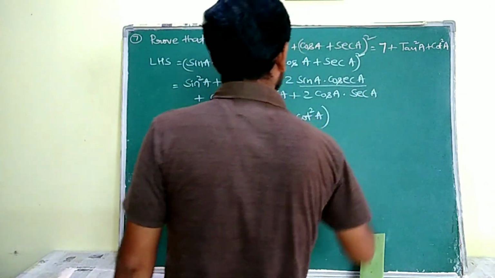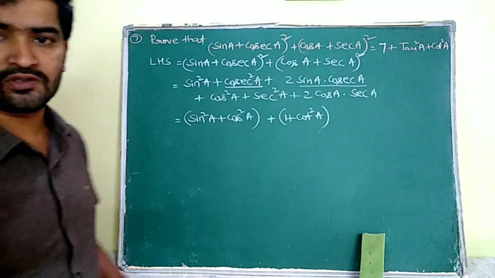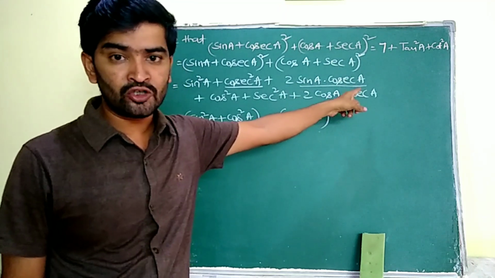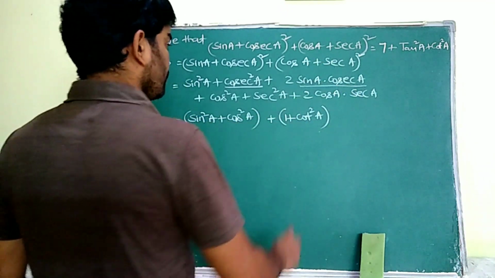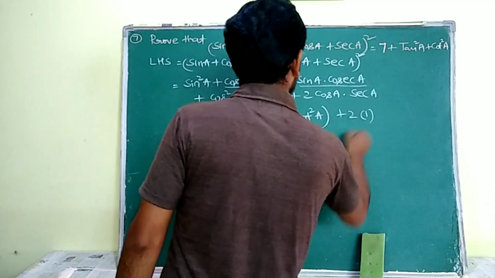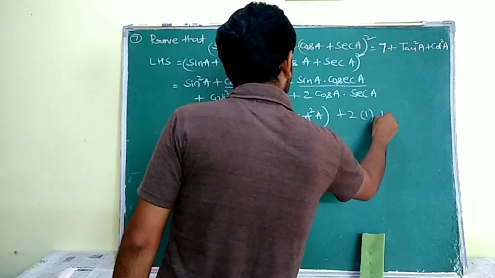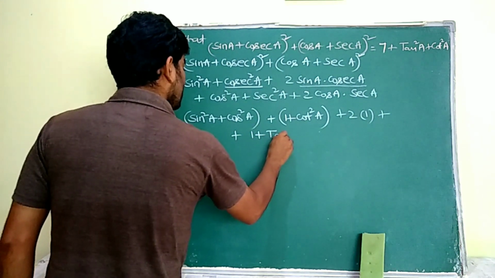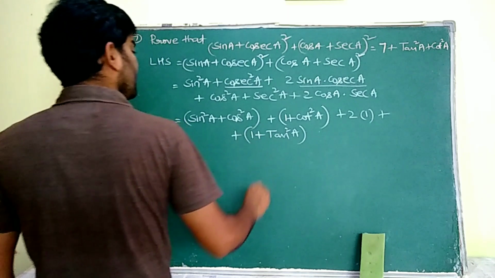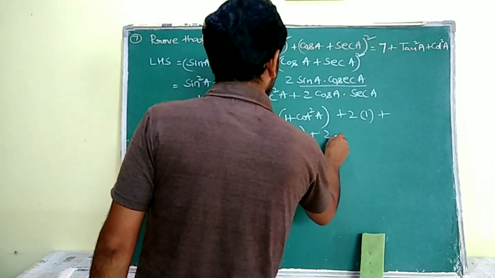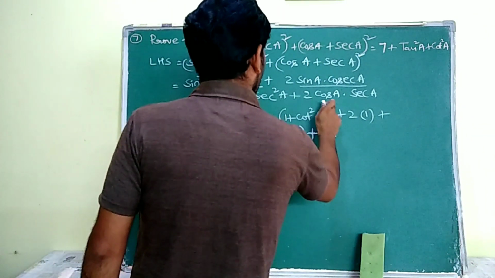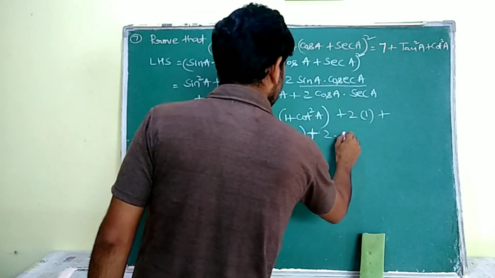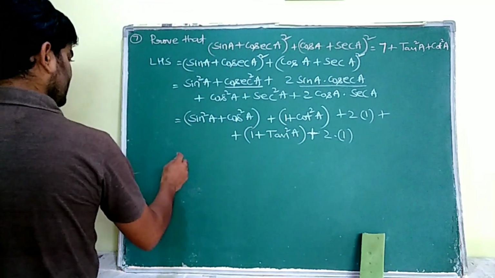Now, see ma, this sin A into cosecant A value is 1, we know that. Why? Because cosecant A means 1 by sin A. Sin A and sin A are going to be cancelled, then it becomes 2 into 1. Plus this secant square A is expressed as 1 plus tan square A. And here 2 into, see ma, again, cos A into secant A, that is 1 by cos A. Cos A are going to be cancelled, again it is 1. Okay, na? These are the values.